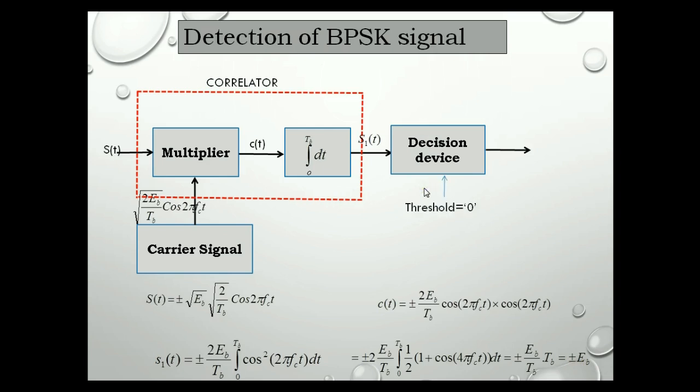The decision device is provided with a threshold value equal to 0. The output of the decision device will be equal to 1 when S1 of t is greater than 0, otherwise it will be equal to 0. That is how the binary data will be obtained at the receiver of BPSK.